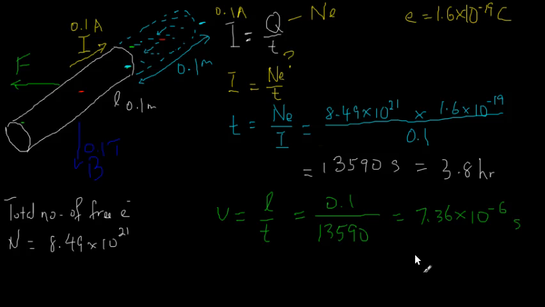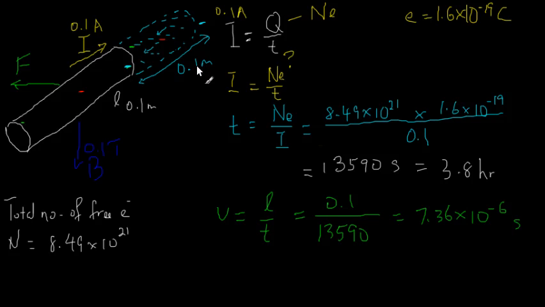Now that looks like a really small number. It's just about 7 microseconds. So it looks as if the electrons are crawling, literally crawling into the wire really, really slowly.